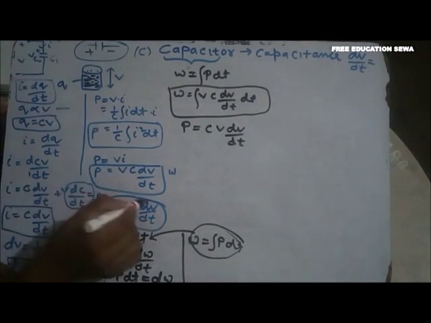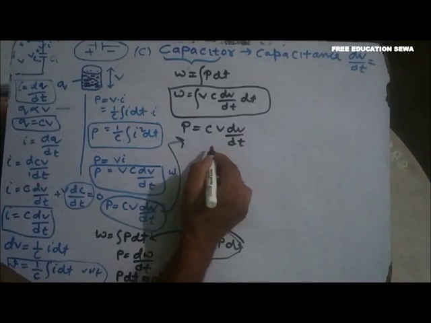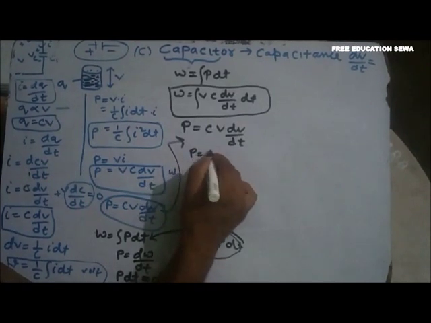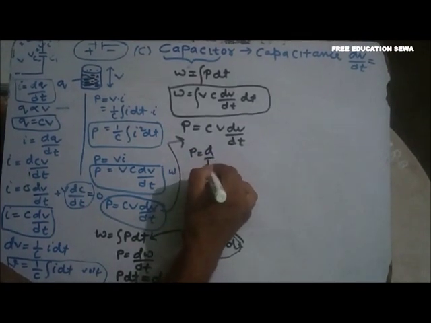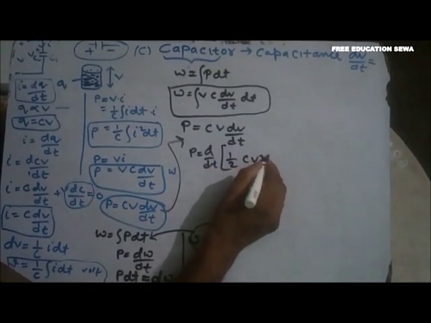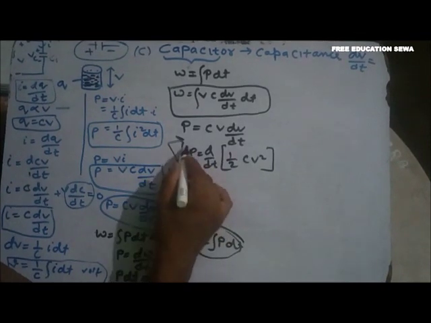From this, what will we get? d by dt of half CV square. This one is also one formula.